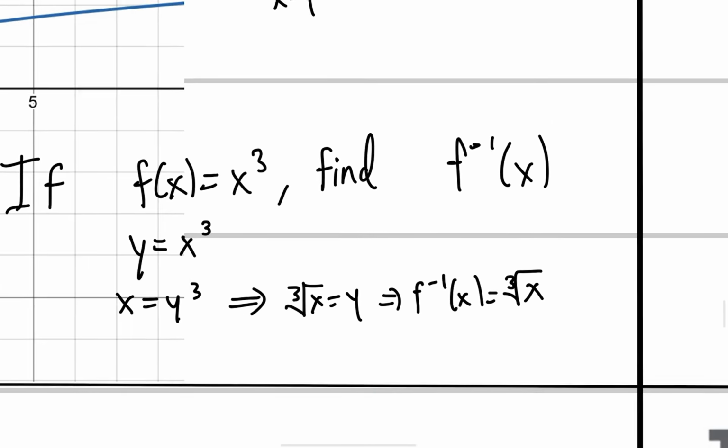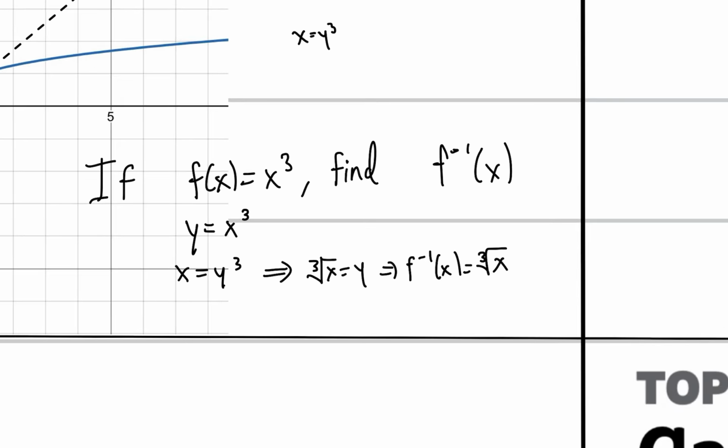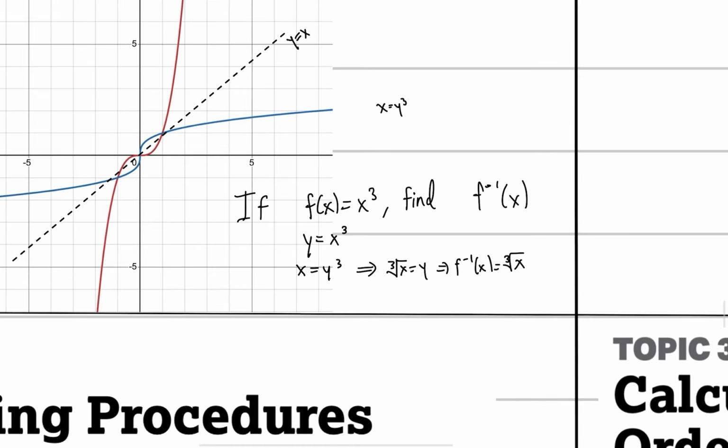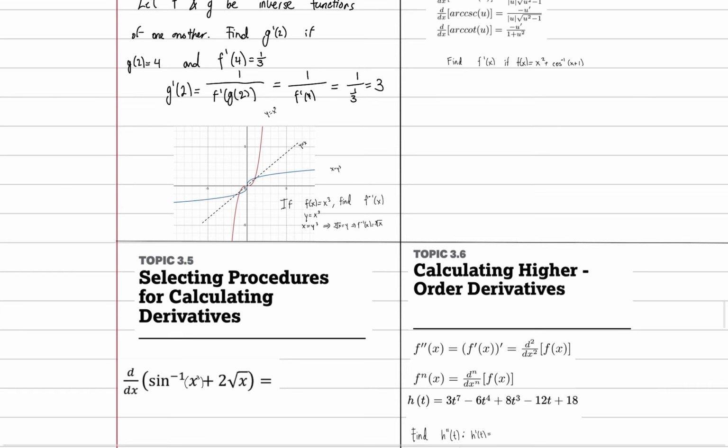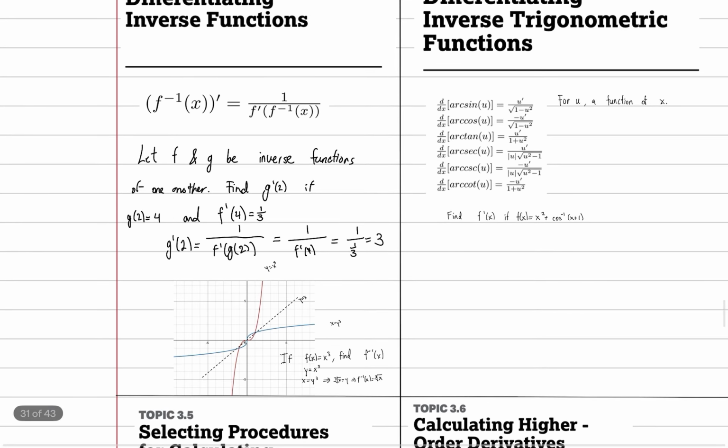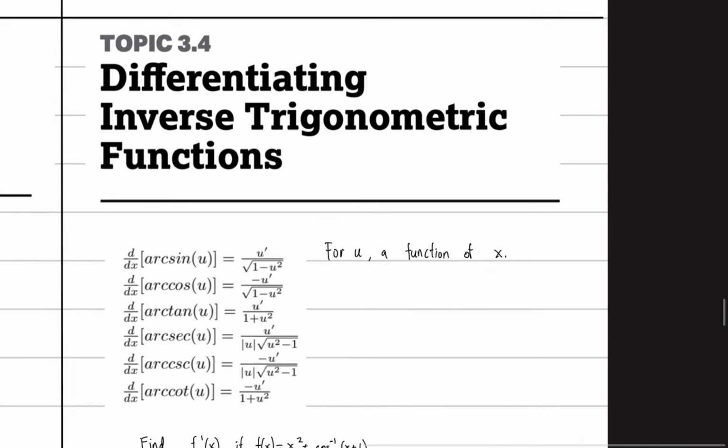So first put y equals x cubed, then flip x and y, and solve for y. And now once you've solved it as a function, just express y as f inverse of x. In this case, it's the cube root of x, okay? And remember that geometric interpretation and know how to evaluate the derivative of an inverse function.